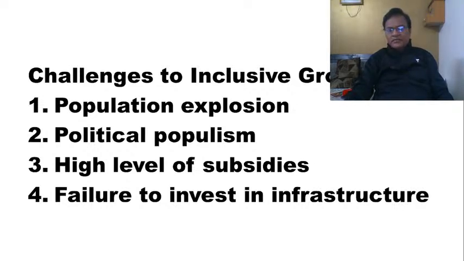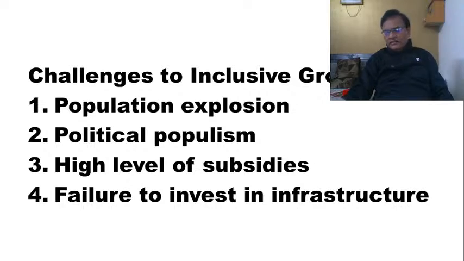Only when there is investment by the government in both physical and social infrastructure. When the government invests in both, what happens? Then the private sector will come and invest, and the private sector will provide jobs to the people. And since the government is investing in health and education, these people have the skills also, they can get jobs. That is what we say.